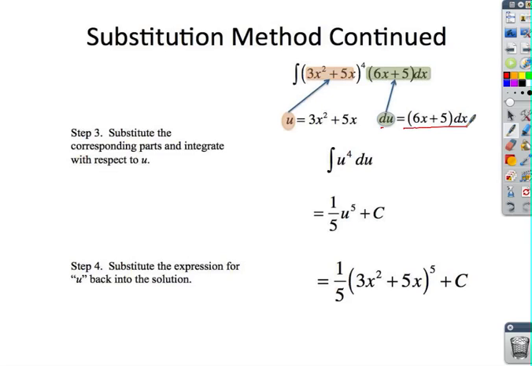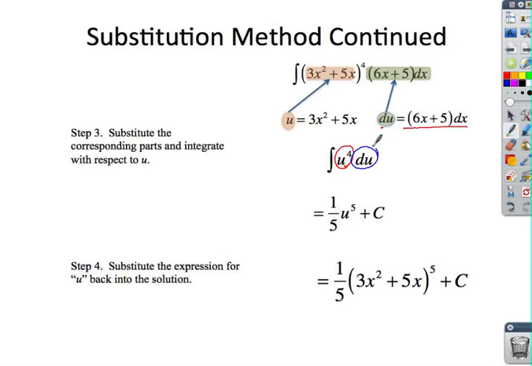So wherever I see 6x plus 5 dx, I can replace it with du. And so now this whole expression can be simplified down to, by replacing the 3x squared plus 5x with u, it becomes u to the 4, and replacing the 6x plus 5 dx with du, it becomes u to the 4 du. And now this is just really a simple little integration power rule question.